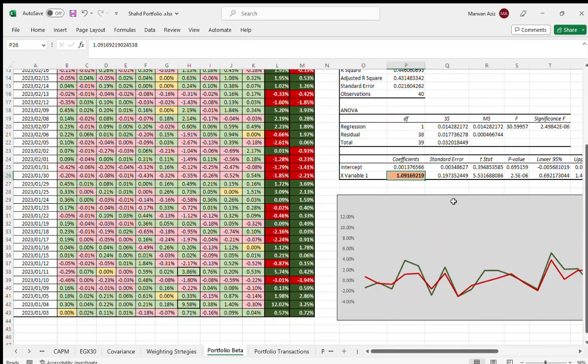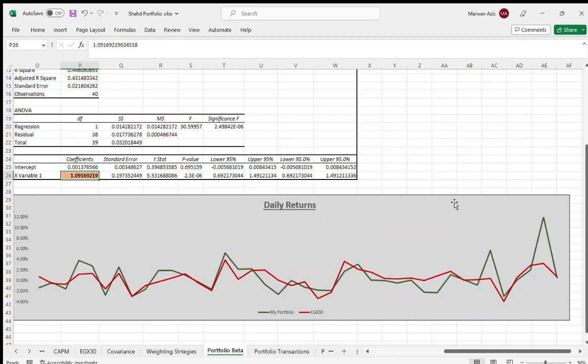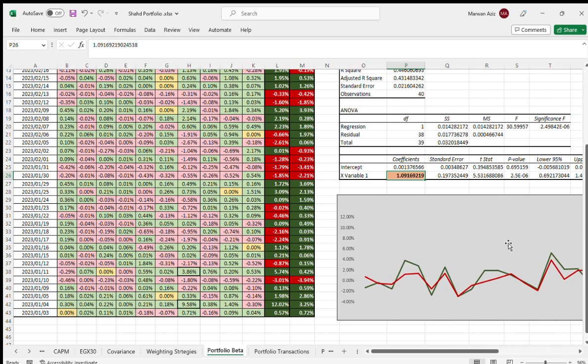Also, I wanted to know why I had a positive beta and greater than 1, so I graphed the return for my portfolio and for EGX30 during the same time span. And as we can see here, in many periods, my portfolio was moving the same direction as EGX30, but here and here, my portfolio outperformed EGX30 greatly due to a very high positive return from Abu Qir stock.